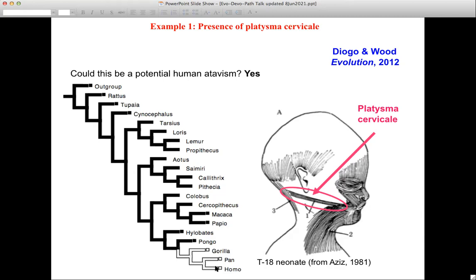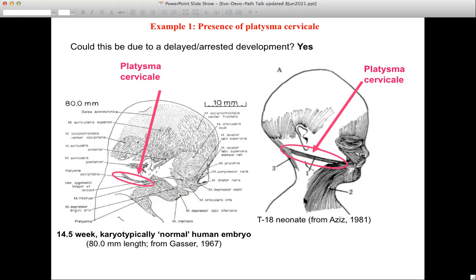So more than 8-9 million years ago, our ancestor adults did not have this muscle. But for some reason, some humans have this muscle after birth or even until adult age, if they are trisomic 21 and so on. So this is a true atavism, right? Atavism is a muscle that was present in our ancestors, that disappeared in adults and then reappears in some adults.